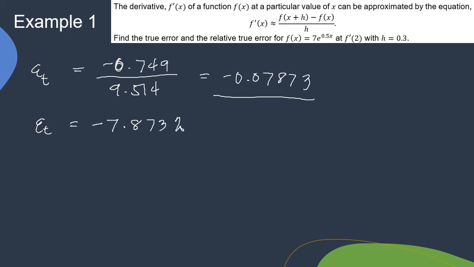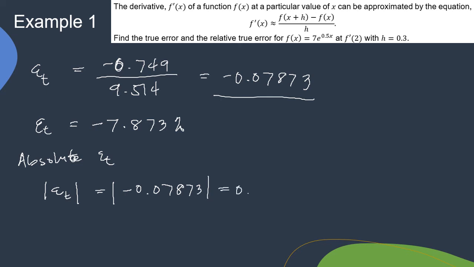We also need to calculate the absolute relative true error. Absolute relative true error is equal to the absolute value of negative 0.07873. This is equal to 0.07873, or in percent, we have 7.873%.